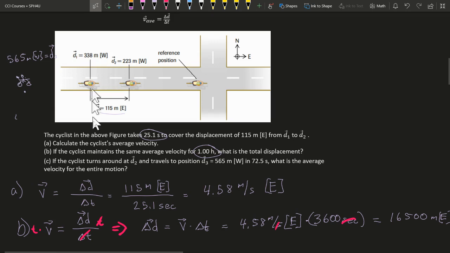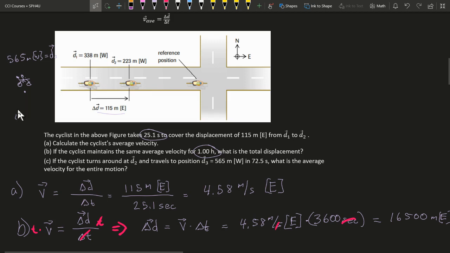But since we're asking for the velocity here, we only want to consider the starting position and the ending position. So effectively what that means is the motion from position 1 to position 2 and then back from position 2 all the way to position 3, these two motions, the forward and the backward, cancel.